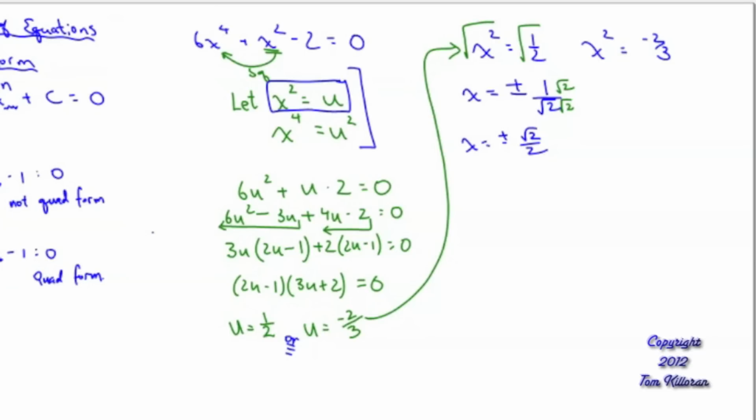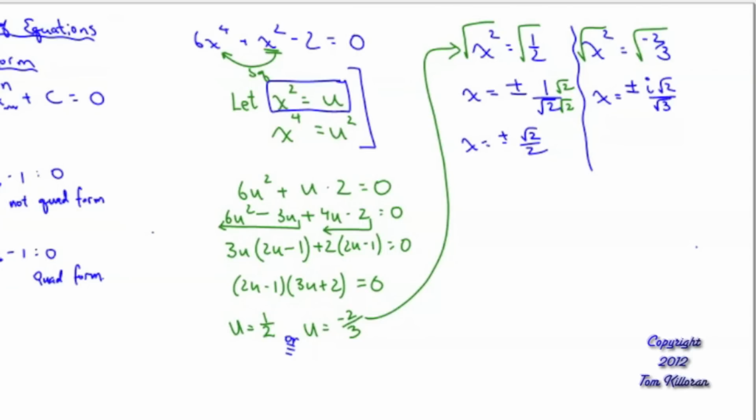Okay, this side. What do I do to both sides? Square root both the top and bottom. The square root of x squared is just going to give us x, and it's equal to plus or minus square root of 2 over square root of 9.